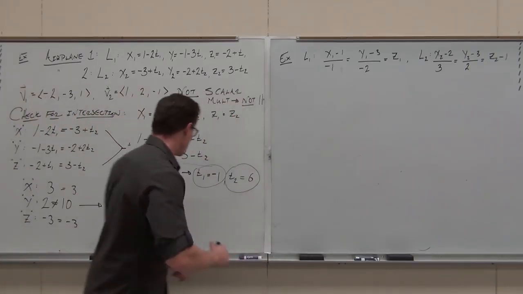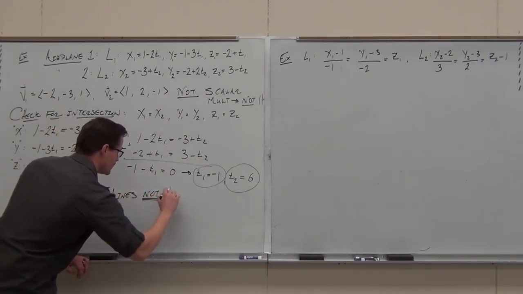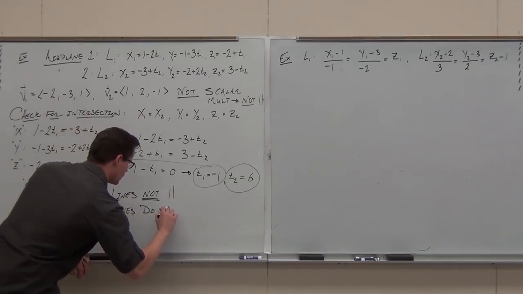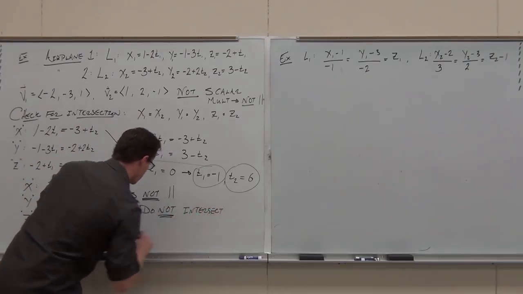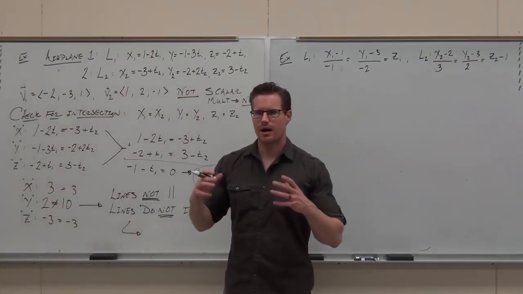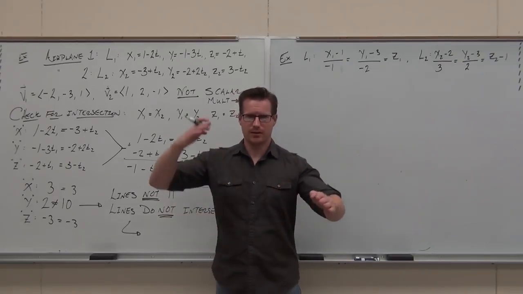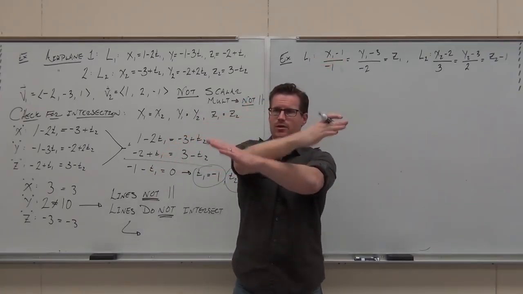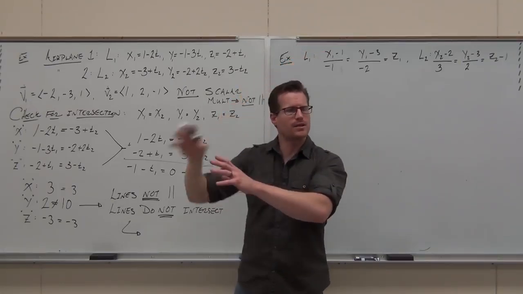No. When you have lines that are not parallel, and they don't intersect, they look like this. These aren't parallel, they're not the same direction, they're not crossing. Those are called skew. Skew lines happen a lot, all right? That's what this tells you.